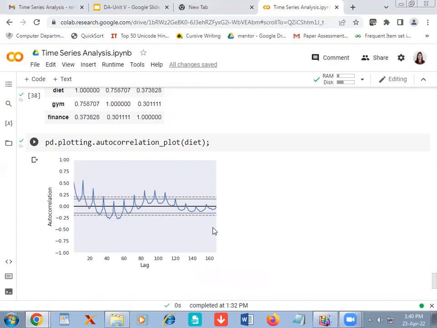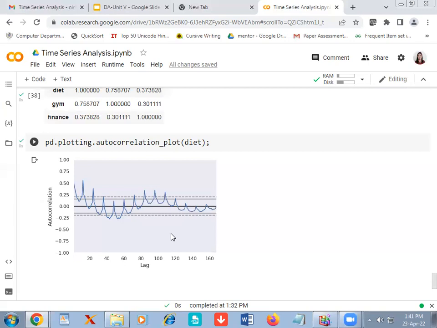Here you look at the picture. What you expect is that at 12 months the time series is correlated with itself. At 12-month intervals it keeps changing. This shows at what particular time it is lagging and at what time it is increasing. If you include more lags on your axis, you will see the 12 months. The dotted lines in the plot tell you about the statistical significance of the correlation.